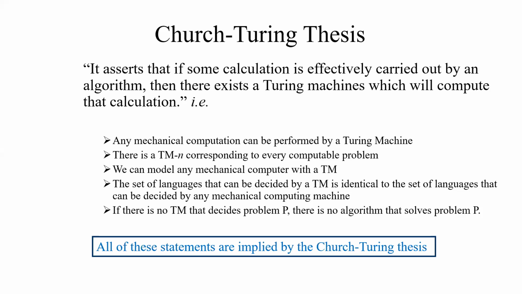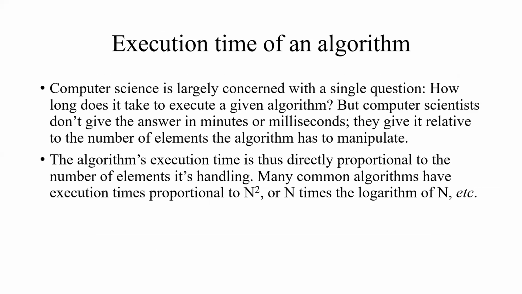So the Turing machine is one of the most important components of all of computer science. Any algorithm which can efficiently give output for a particular problem can definitely be designed with the help of a Turing machine. Now we come to one important thing which I don't know whether you have covered in other courses or not.